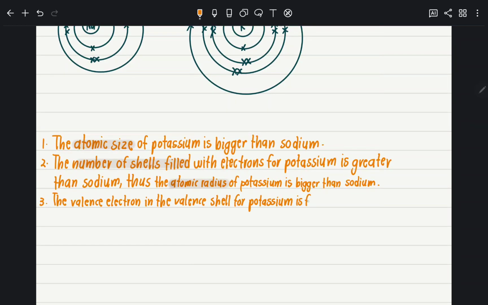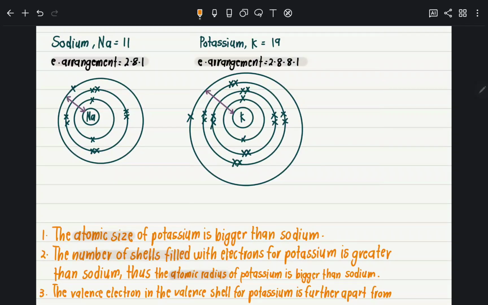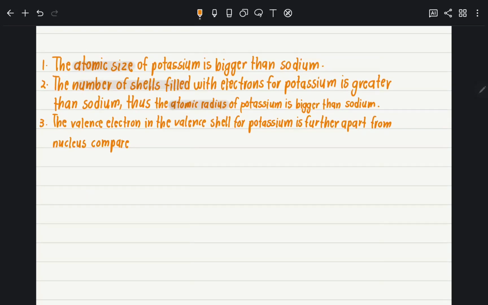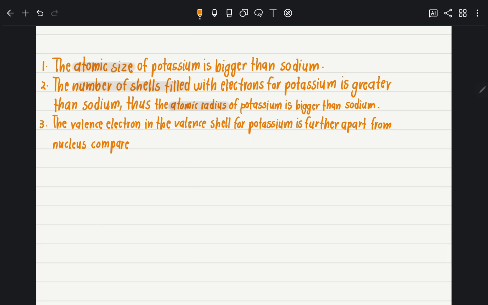The textbook uses further apart. Is further apart from the nucleus compared to sodium. Look at the valence electron, which one is far? Potassium's or sodium's? Of course potassium's. So you should say the valence electron in the valence shell for potassium is further apart from the nucleus compared to sodium.